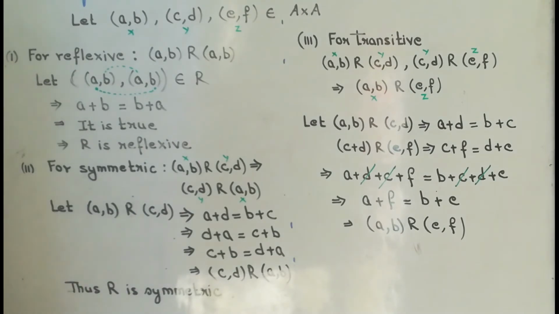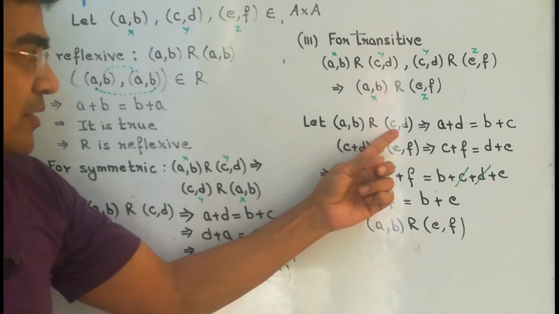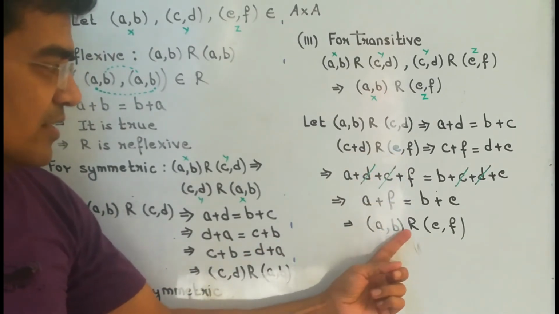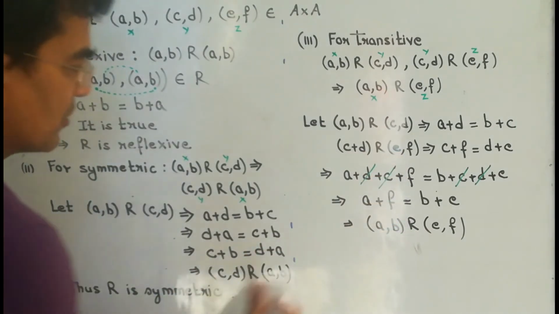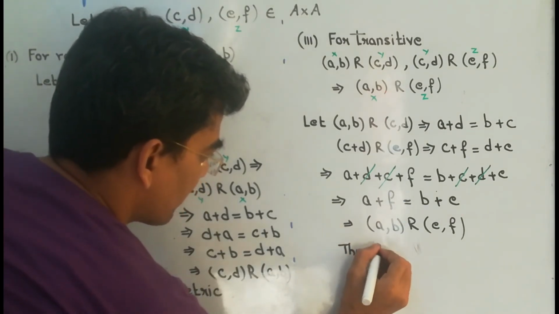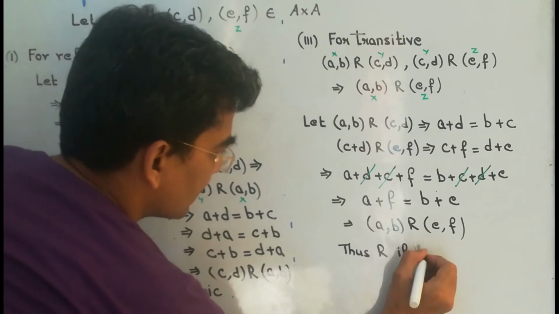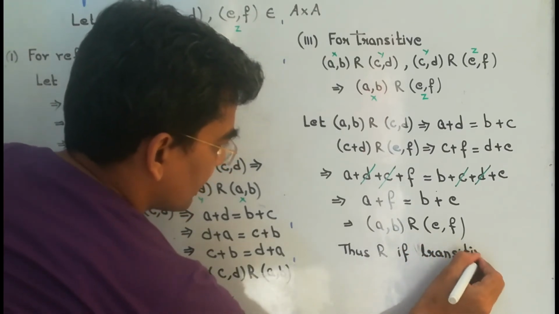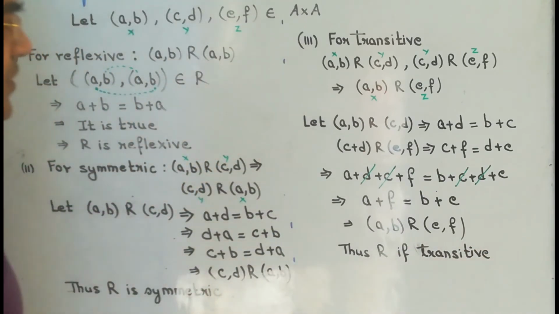So see, we considered x is related to y and y is related to z, and finally we are getting x is related to z. So thus R is transitive. So we have shown the given relation to be reflexive, symmetric, as well as transitive.